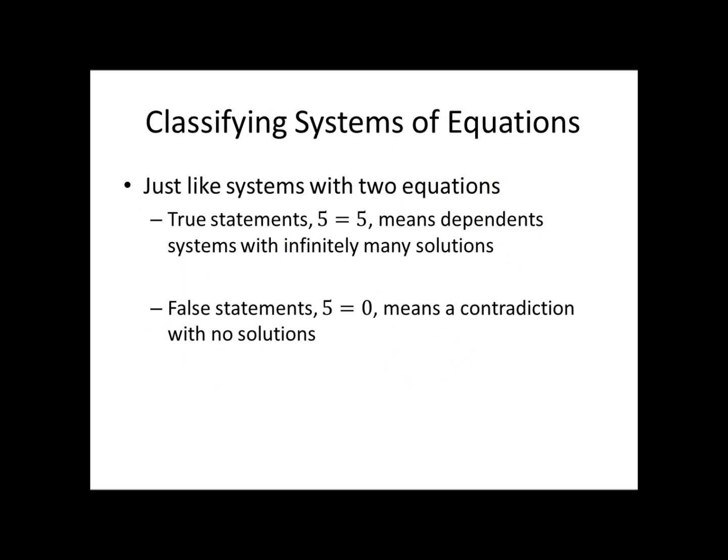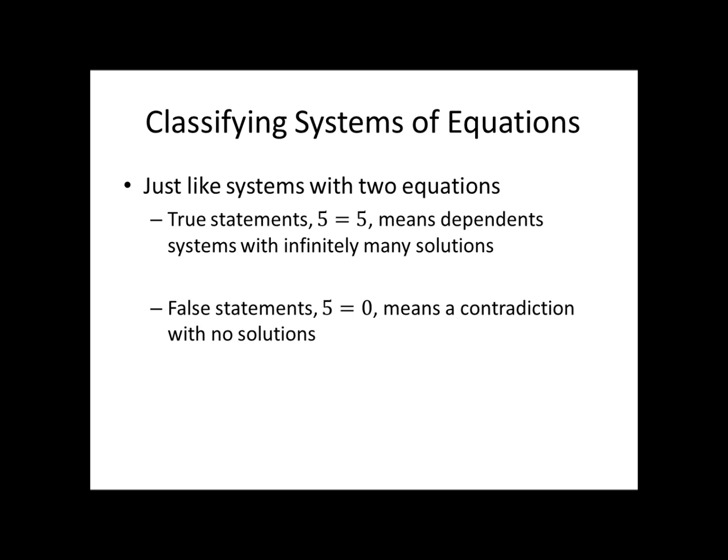If they ask you to classify a system, just start going through the process of solving those equations just like we did in the first two, and one of three things is going to happen. We've already seen ones where you just get an answer. If you go through the whole process, you get an x value, a y value, and a z value. That is a complete system. It's independent, it's consistent, you've got one point that works.